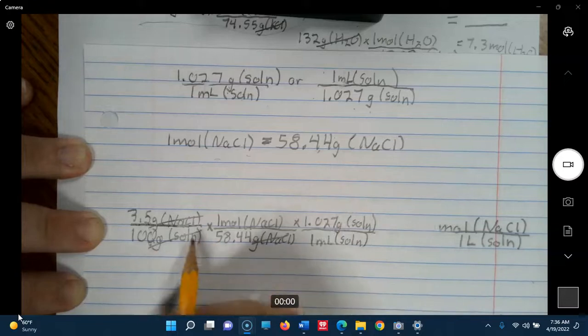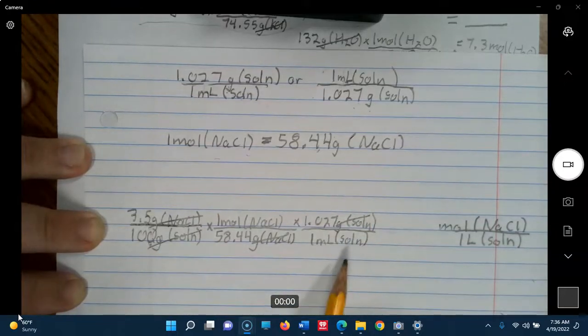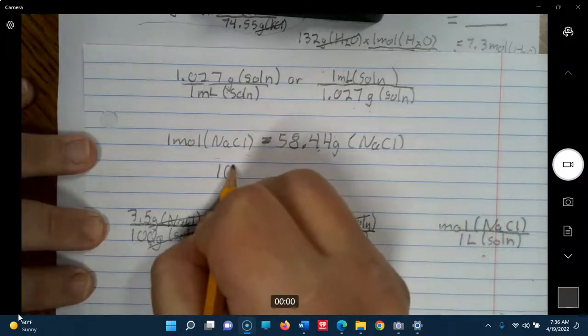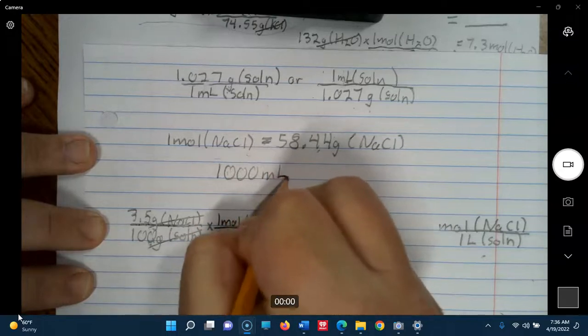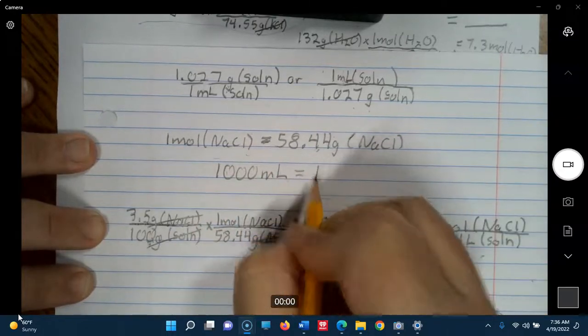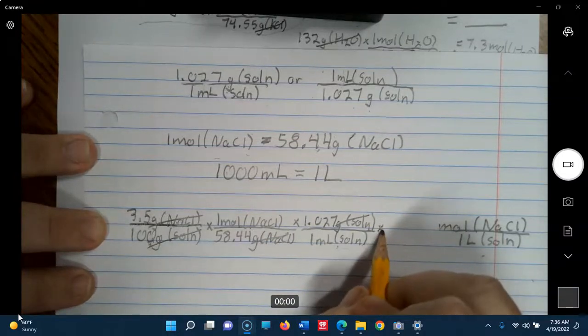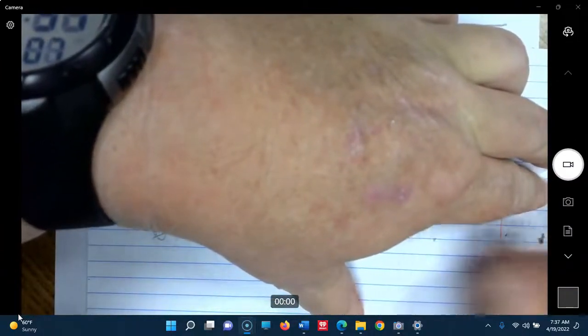So it's grams of solution, grams of solution. Now I have milliliters of solution. I need to get to liters of solution, and that's our simple one, this one. 1,000 milliliters of anything equals 1 liter of anything. So I'm going to put that here. I'm not going to write the units. Well, I better. Again, I didn't leave myself enough space here.